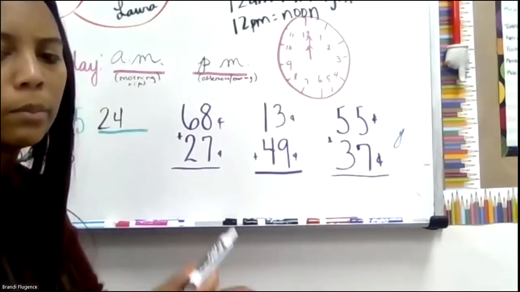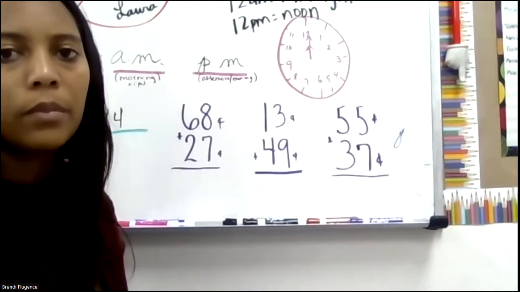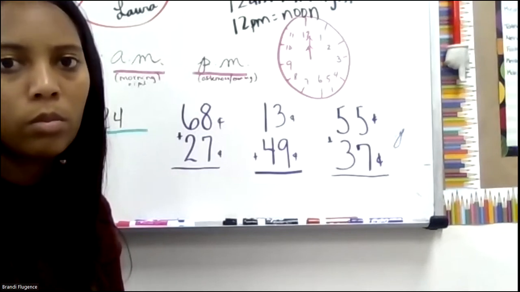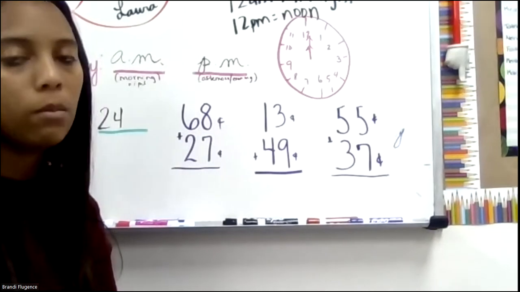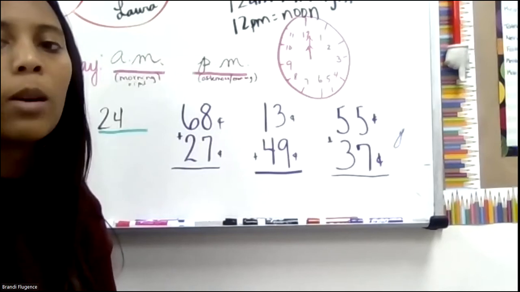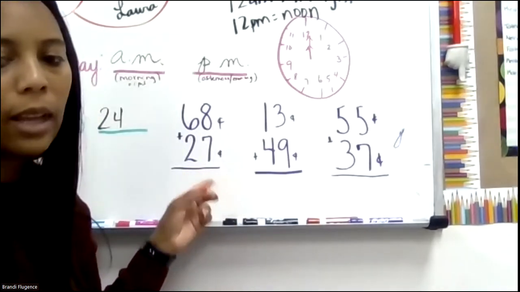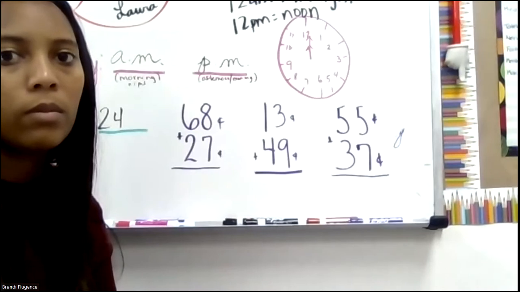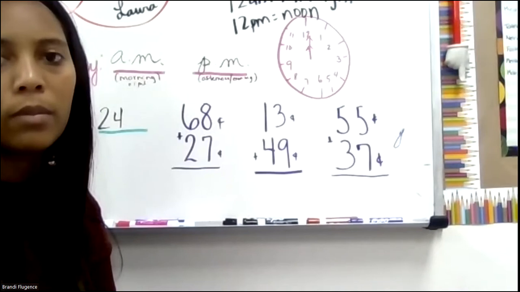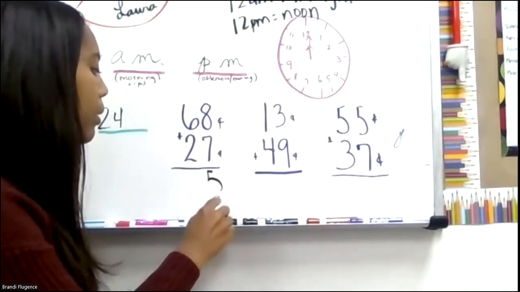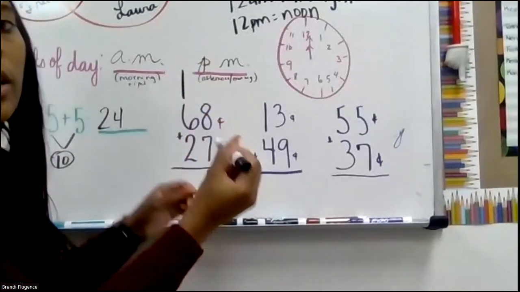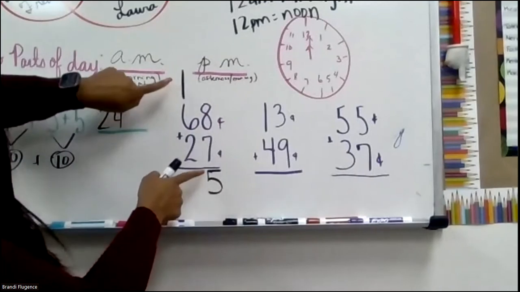Not 16, count again. 15. Okay, so how do I show 15? Because I cannot put it down like that. Put the 5, carry the 1. So I still have 15, it just looks different.